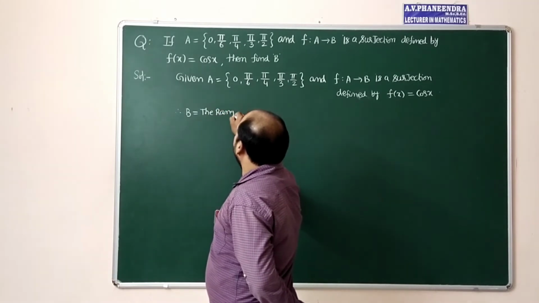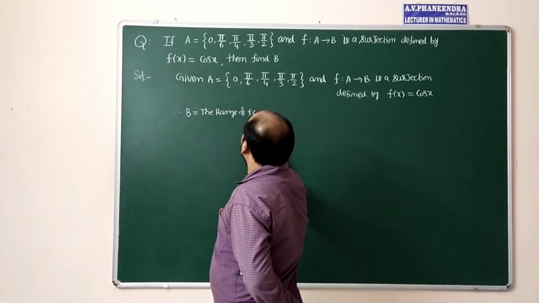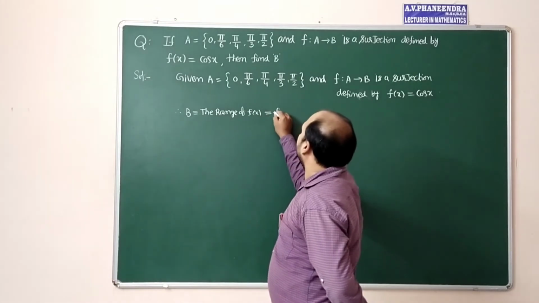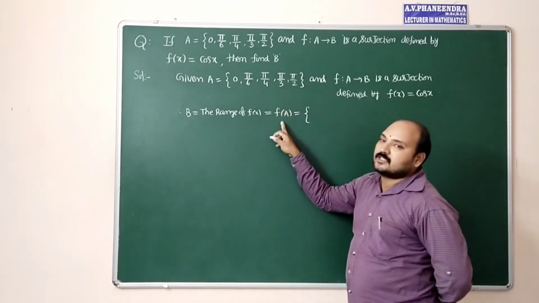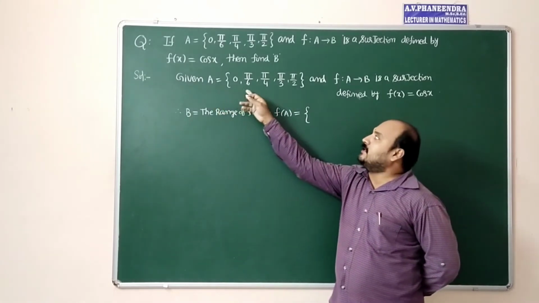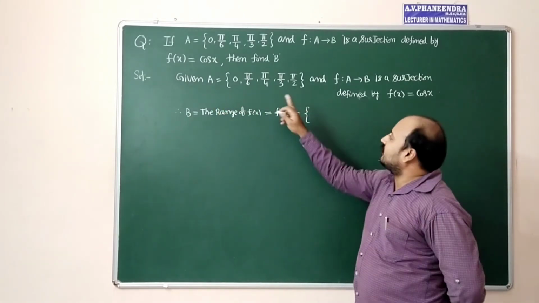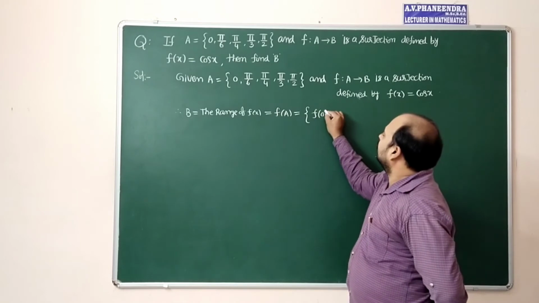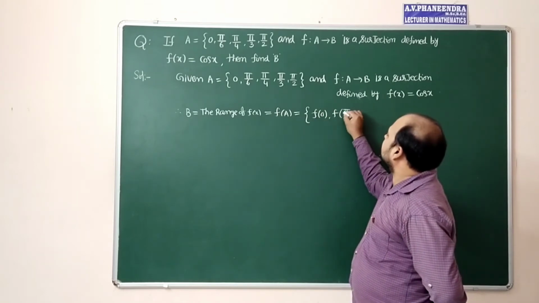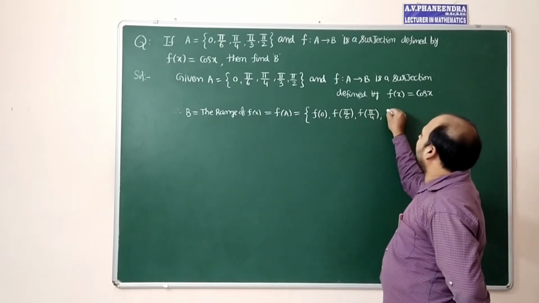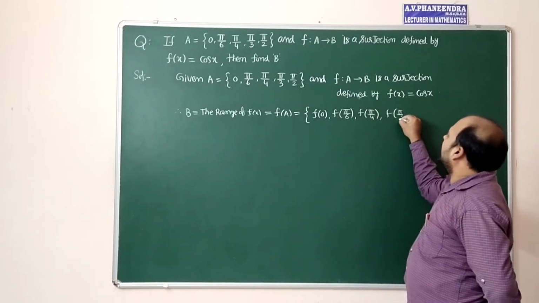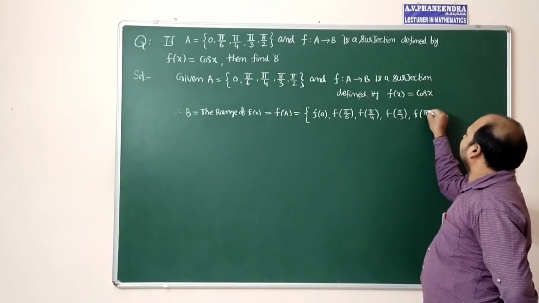The range of f of x that is equal to f of A, which is also equal to f of A. A means the set A contains these elements. So f of 0, f of pi by 6, f of pi by 4, f of pi by 3 and f of pi by 2.